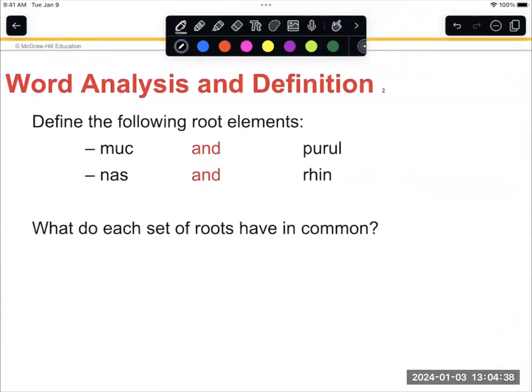So let's break down some of these words that we need to know. Muco, this means mucus. Naso means nose.